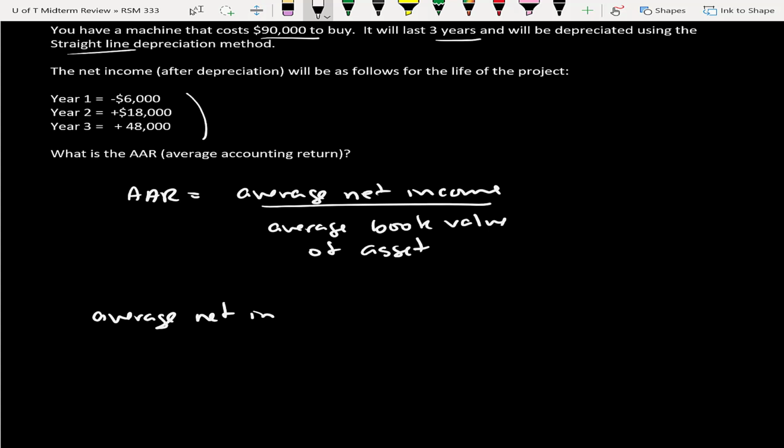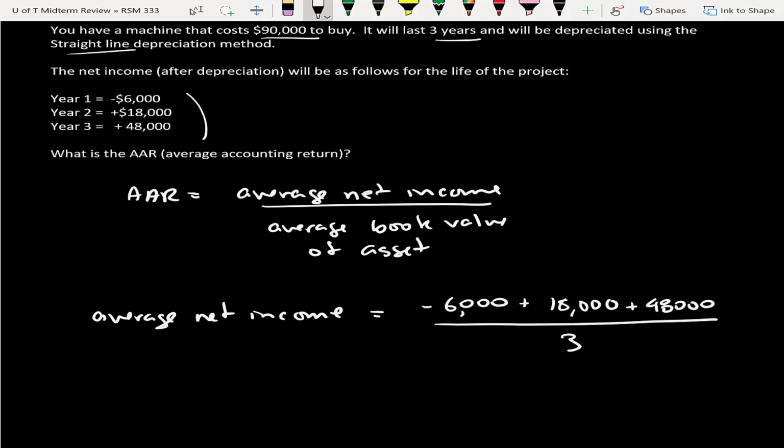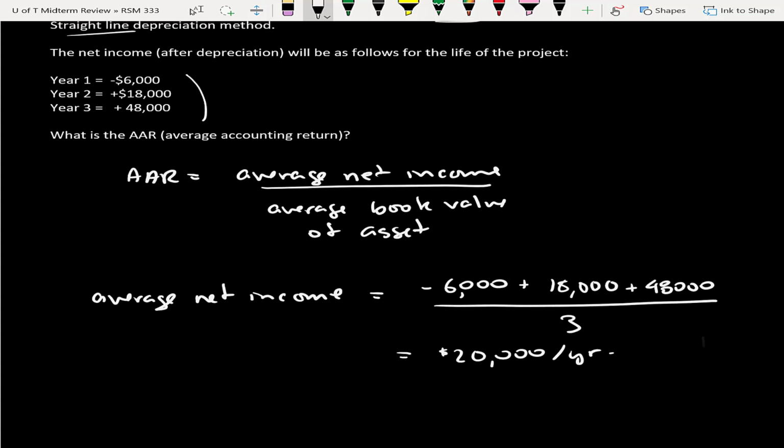So we're just going to add the incomes that we are given and then take the average. So the first income was negative 6,000. So they had a loss in the year one. Then they had 18,000 as a profit and then 48 as a profit. And this happened over 3 years. So the average net income is 20,000 per year.